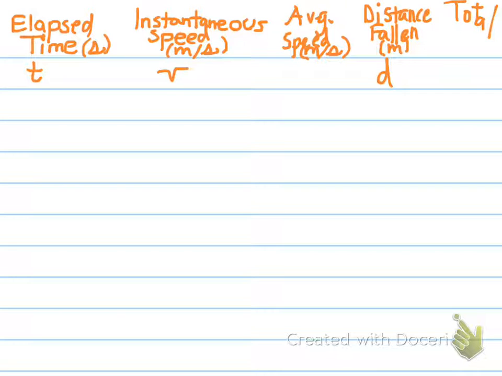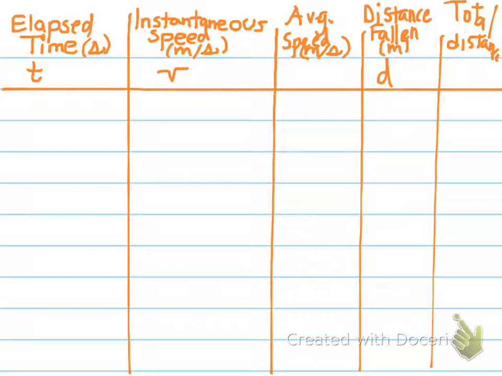So I would really like you to make this chart. All right, and for the elapsed time, we're just going to go 0, 1, 2, 3, 4. And then we'll just say t, okay?